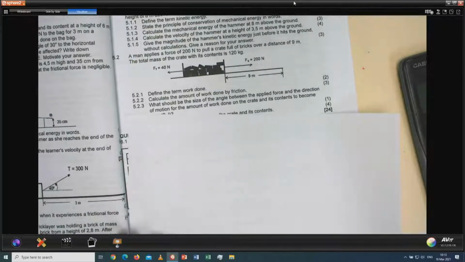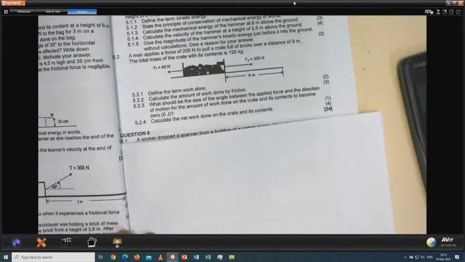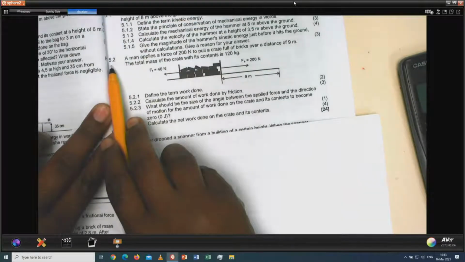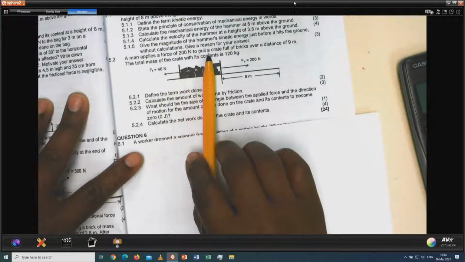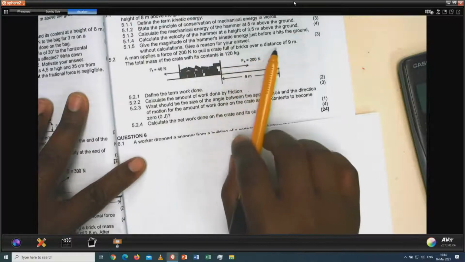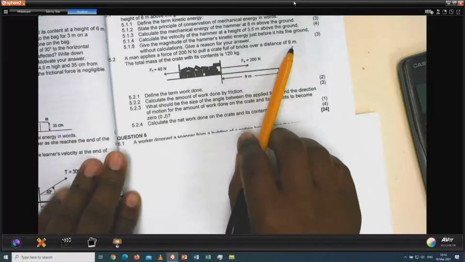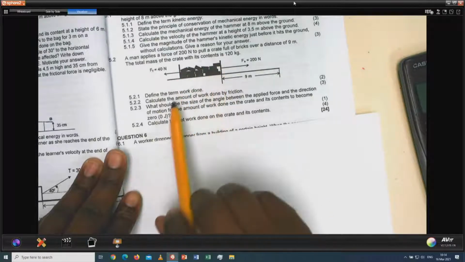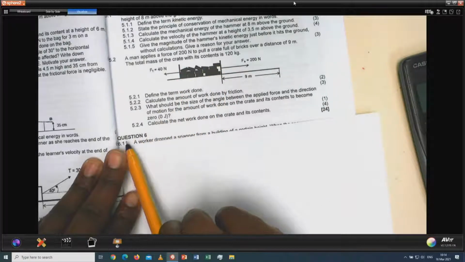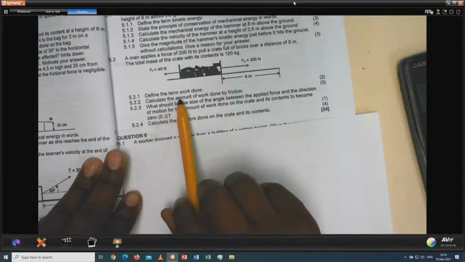Yes. We're starting at 5.2. A man applies a force of 200 newtons to pull a crate full of bricks over a distance of 9 meters. The total mass of the crate with its contents is 120 kg. Define the work done.